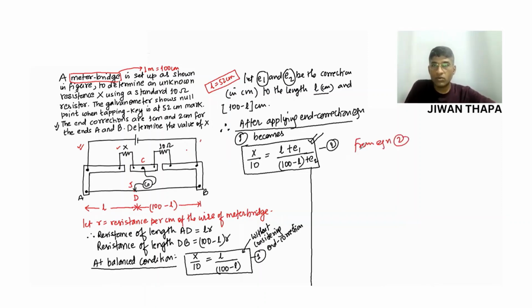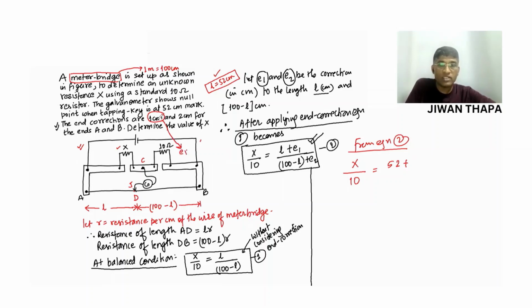from equation 2, x by 10 equals L, and we know L is 52 centimeter. So 52 plus E1. Clear?